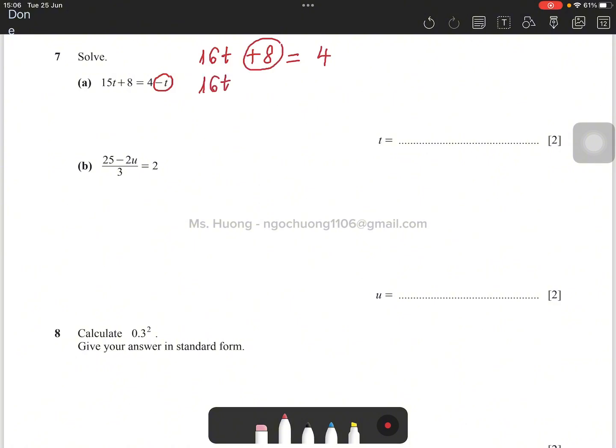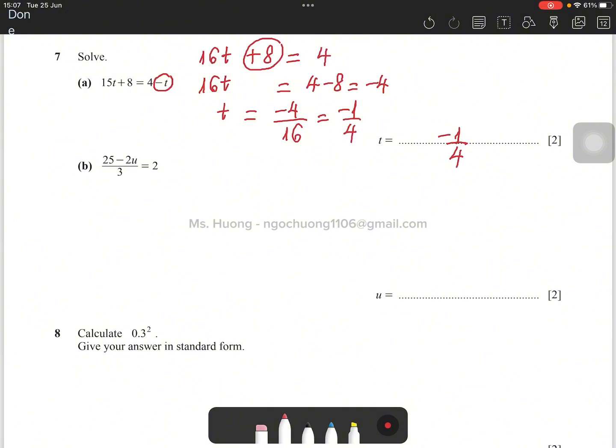So 16t equals 4 minus 8, which is negative 4. 16t equals negative 4, so t is negative 4 divided by 16, which is negative 1/4. So the answer is negative 1/4, or you can write negative 0.25.